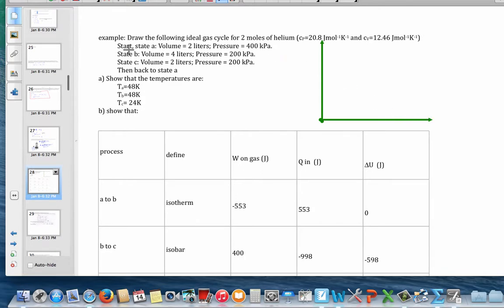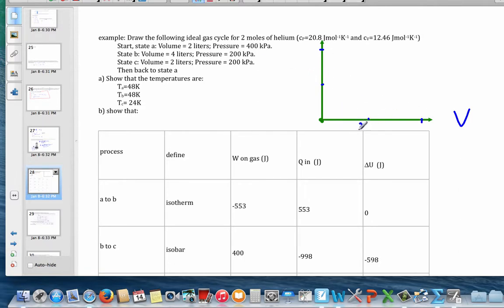And so what happens? We start at a certain point, volume's 2 liters and the pressure's 400. On our volume axis, I'm going to start right here, and then I'm basically going to be doubling volumes and doubling pressures. So I'm just scaling those, 1, 2.